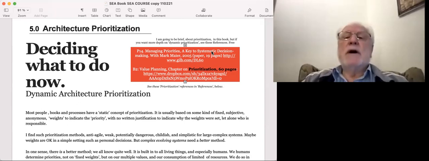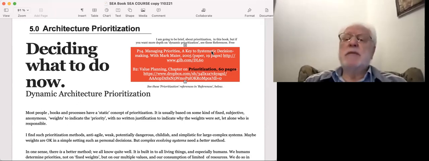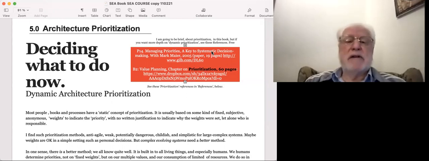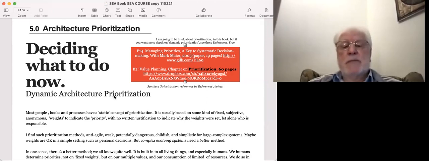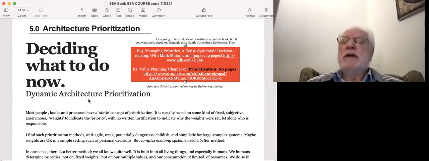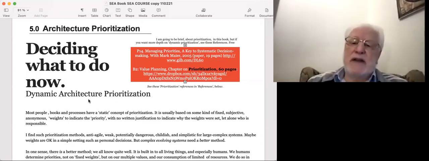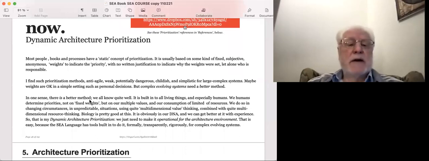But I believe that fixed weights, as applied in many methods, for example balanced scorecard and quality function deployment, are a very bad idea in large and complex systems where you'd be talking about enterprise architecture. So I'm going to introduce the idea of dynamic prioritization of the architecture. In other words, we decide on our priorities at each and every step based on the feedback in the situation. That's the whole main idea: dynamic prioritization rather than static prioritization.